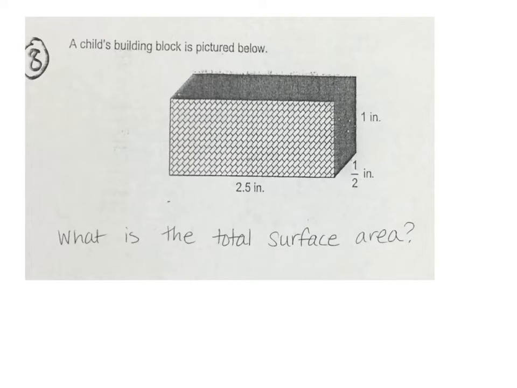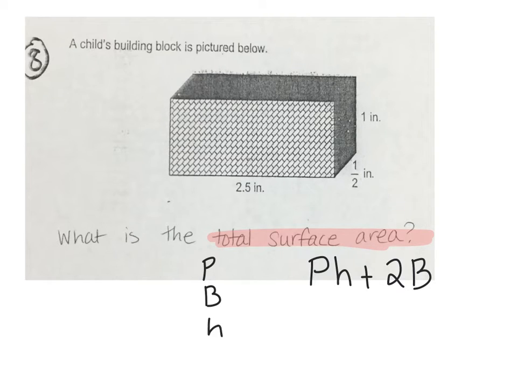So I do know that total surface area tells me right there. Let's write a formula. We know it's pH plus 2b. So we need the perimeter of the base, the area of the base, and then the height. So let's color or highlight in our bases.